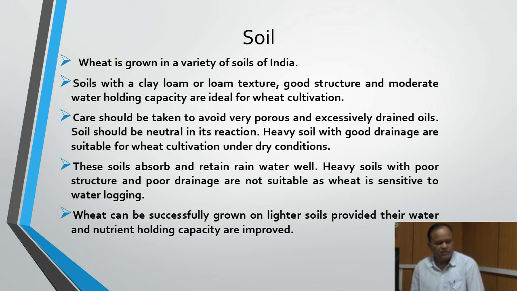Soil should be neutral in reaction. Heavy soil with poor structure and poor drainage is not suitable for growing wheat. Wheat can be successfully grown on lighter soil provided their water and nutrient holding capacity are improved.